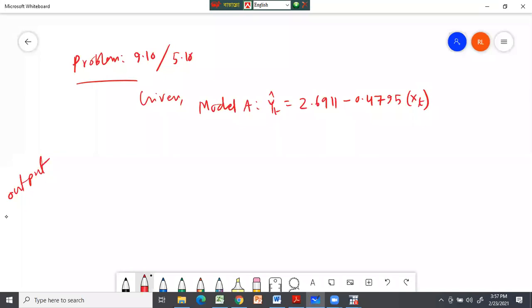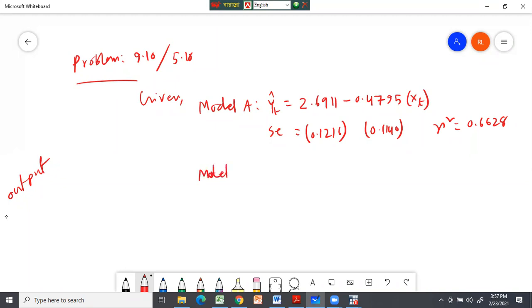The variable is in linear form, and the parameters are also linear. You are also given the standard errors for each parameter: 0.1216, and for B2 the standard error is 0.1140. Your R square value, which shows the coefficient of determination or the goodness of fit of the fitted model, is 0.668.